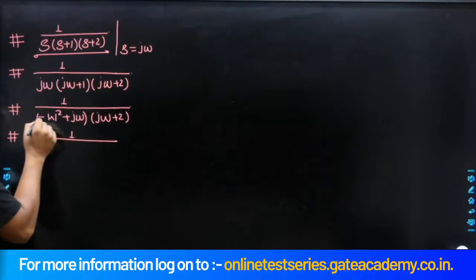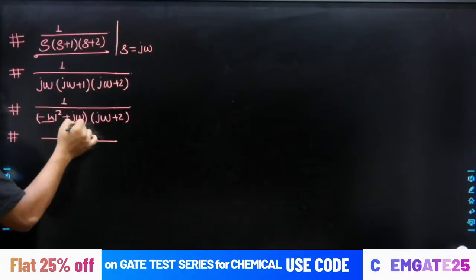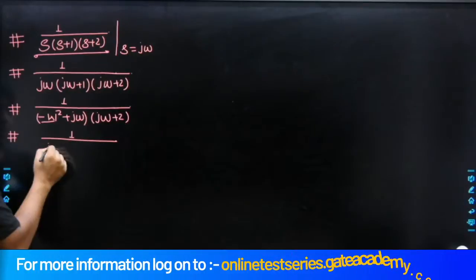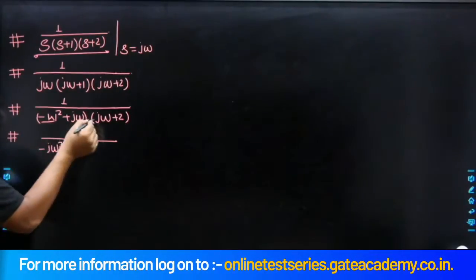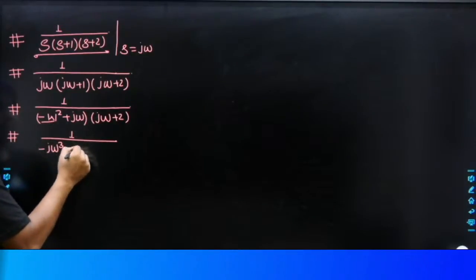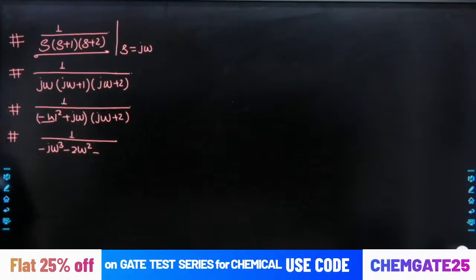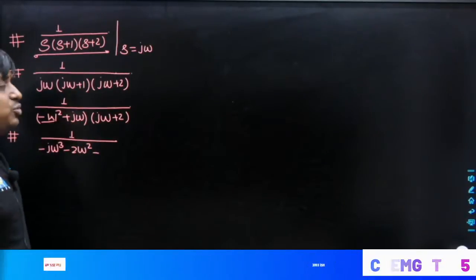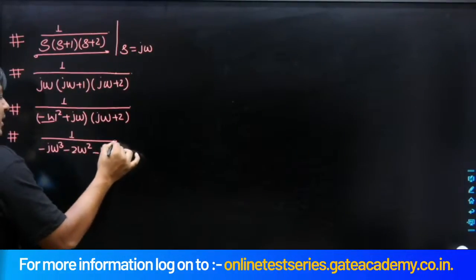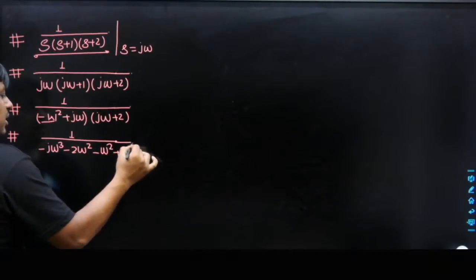So let me multiply the minus omega square with the j omega plus 2, then we would multiply j omega with the j omega plus 2. The factors which come into the picture are minus j omega cube, and here it becomes minus 2 omega square. Here again j gets multiplied with j, that would become iota square, and iota square is the same as minus 1, so minus 1 gets multiplied with omega into omega, that had been omega square, and end of the day we are going to have 2 times j omega.